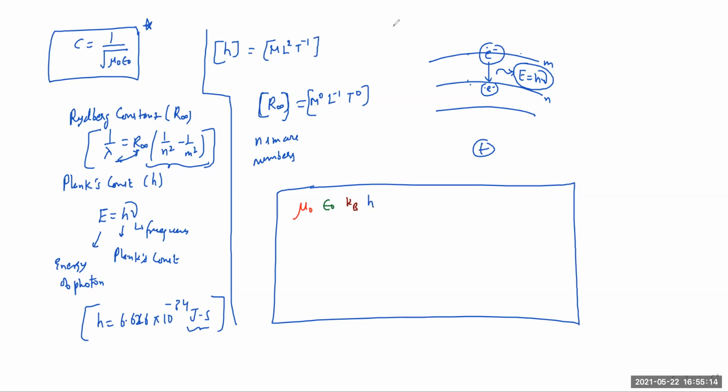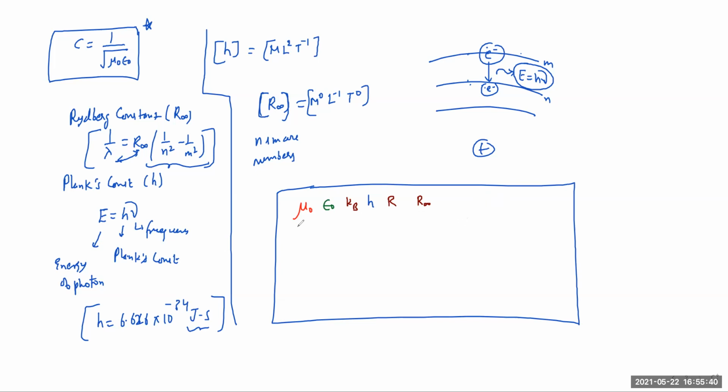What more do we need to know? Universal gas constant, Rydberg constant, and what else? Coefficient of thermal conductivity. Yeah, you can say resistivity and all those things.